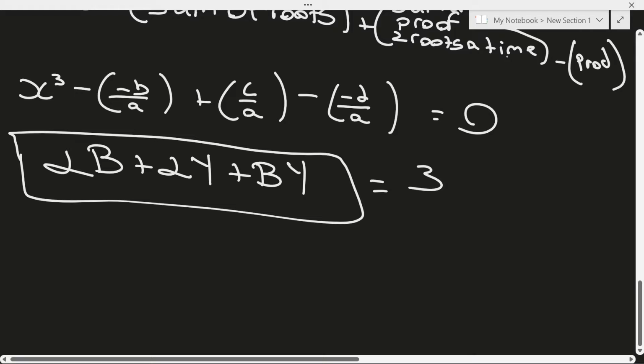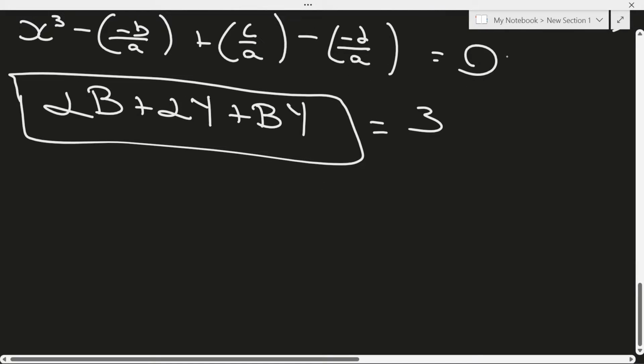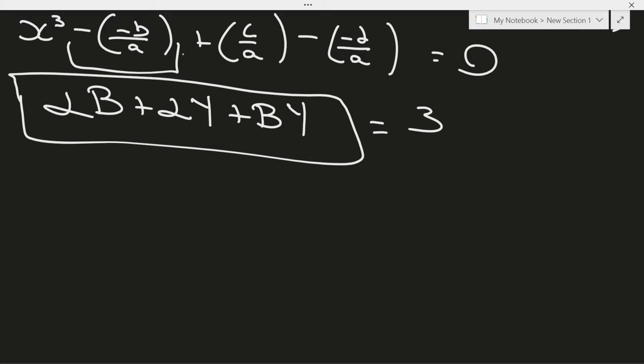It's going to be very weird when learning this at first. You probably might not understand it just from looking at it, but at the end of the video, you'll probably at least have a better understanding. And if you don't, click on another video and watch someone else's channel, whatever works. So now we have the first value, because a cubic polynomial is in the form x cubed minus the sum of the roots, so we have x cubed minus 3x squared so far.